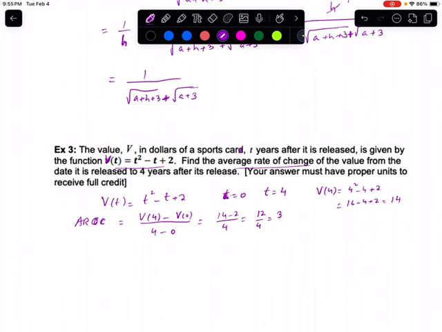This is the value, so what will be the price of it? Notice here the units. The units here will be dollars per year, because t is in years. $3 per year.